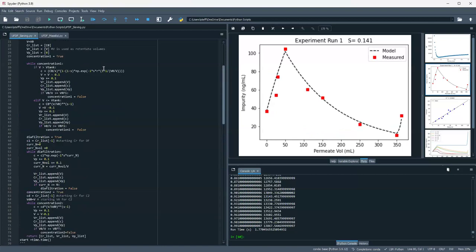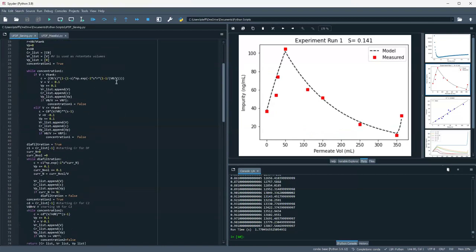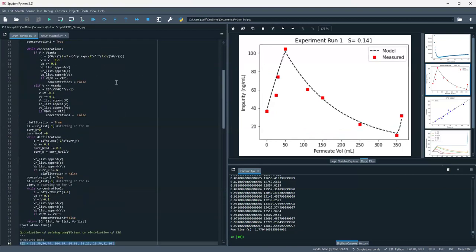With all this that I've gone over, what you can do is measure the sieving factor, the clearance of a certain solute in your process stream, by taking retentate samples at different permeate volumes.